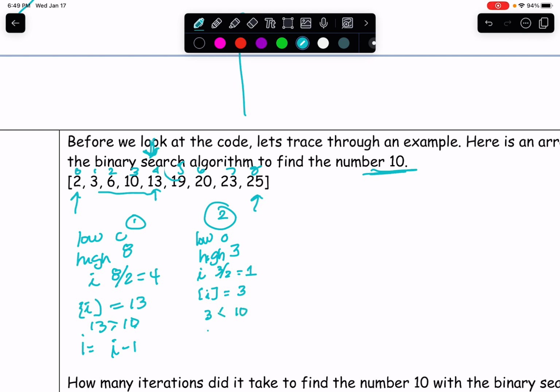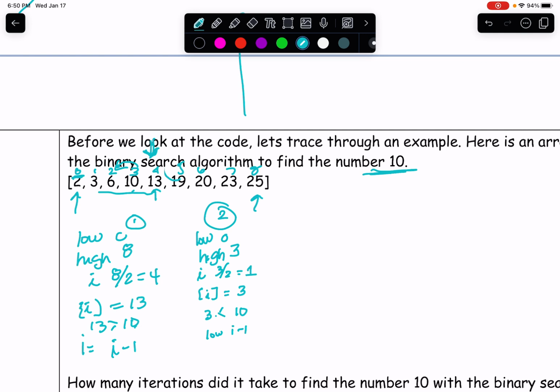So our new low gets assigned where our I was. Hang on.